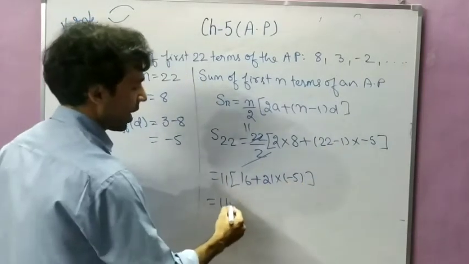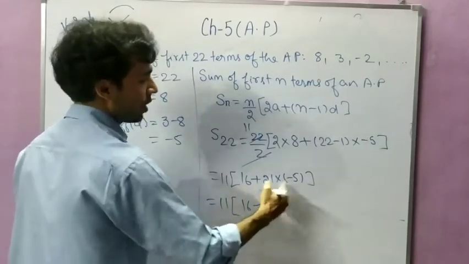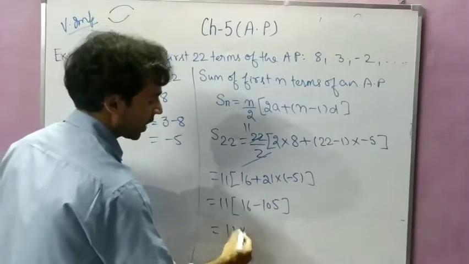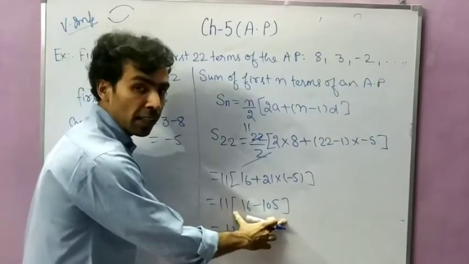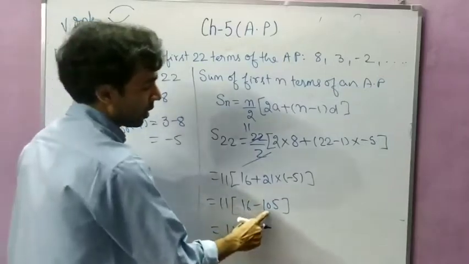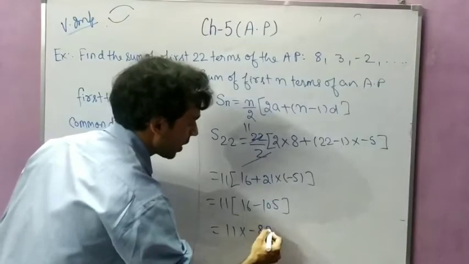Now 11 into 16, plus times minus will be minus, and 21 into 5 is 105. Because there is no sign before the bracket, it means the multiply sign is there. So 11 into 105 minus 16, that will be minus 89.